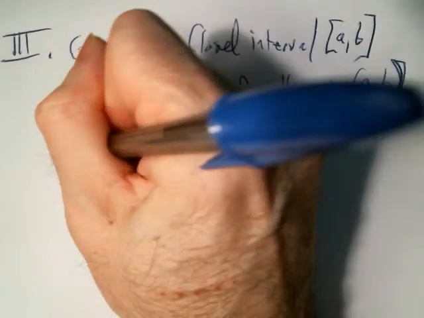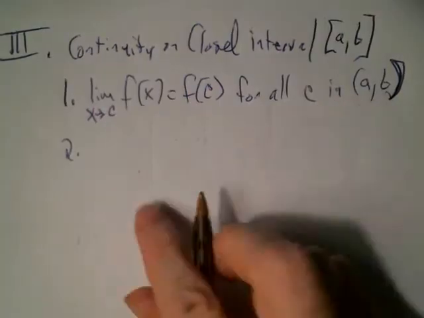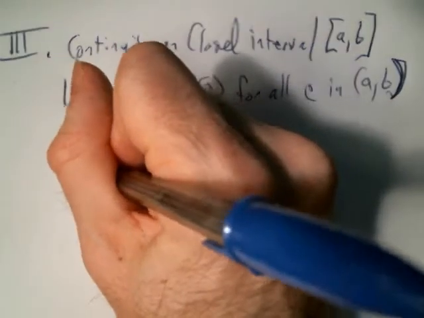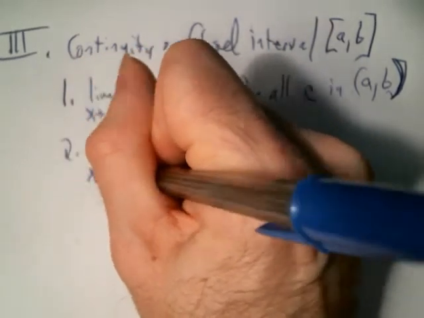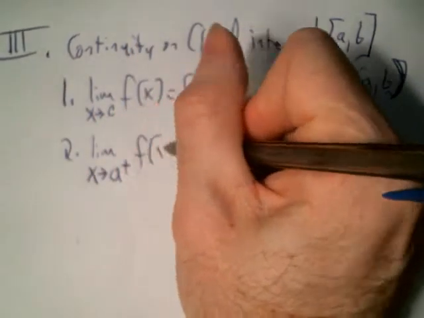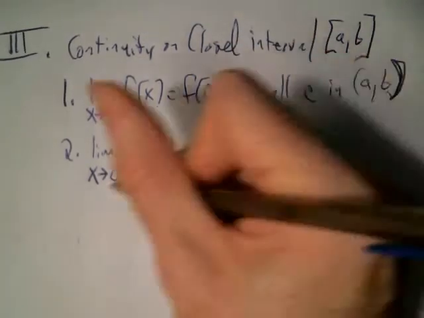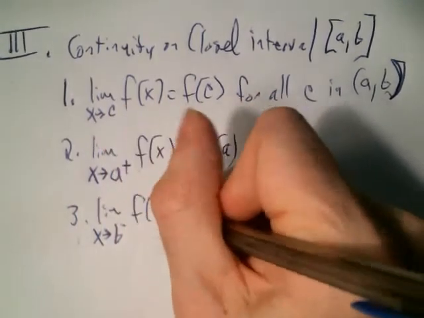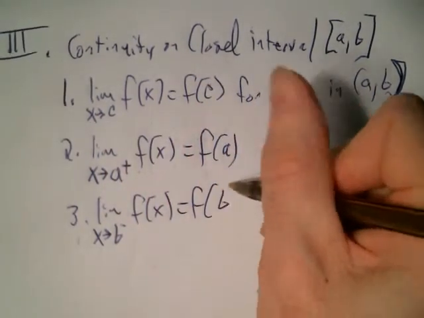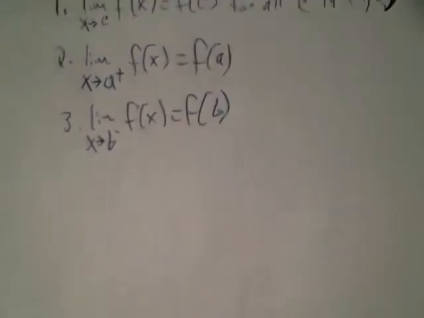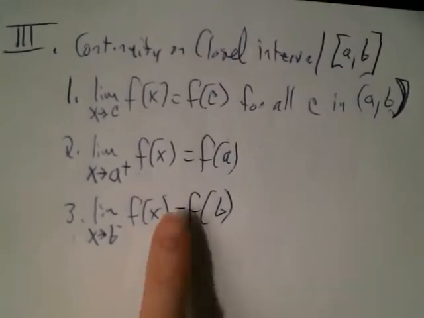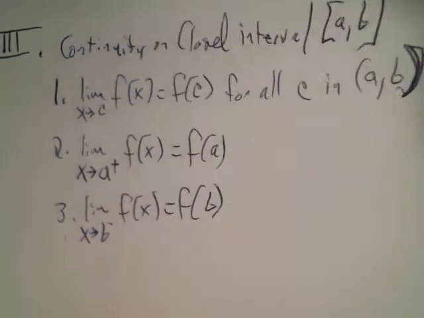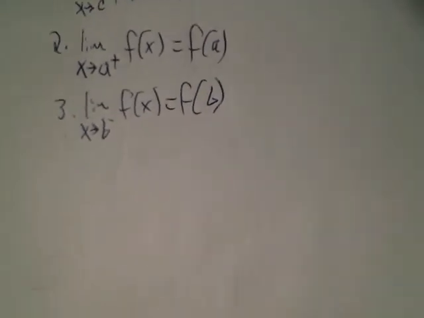And then for the endpoints, we want these one-sided limits to be in operation. So we want the limit as x approaches A from the right of f of x to equal f of A. And then we want, thirdly, the limit as x approaches B from the left of f of x to equal f of B. Okay. So we kind of have this idea of right-handed continuity and left-handed continuity. Continuity from the left, continuity from the right.